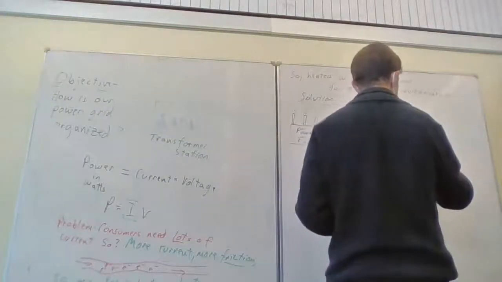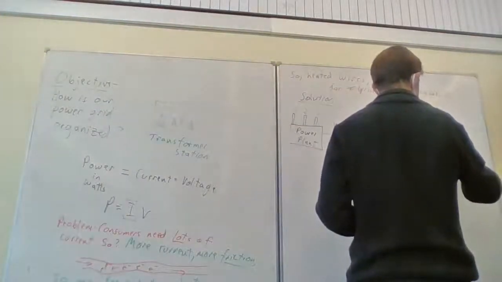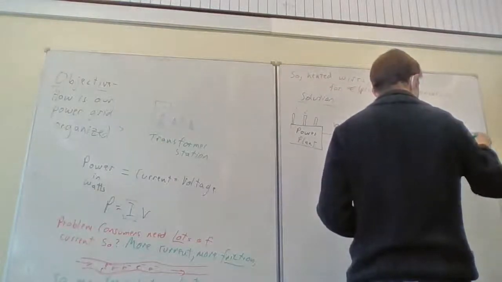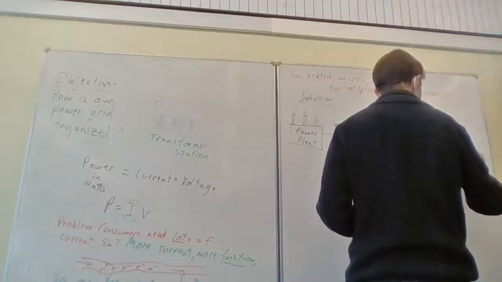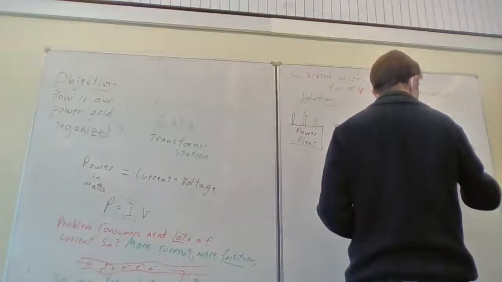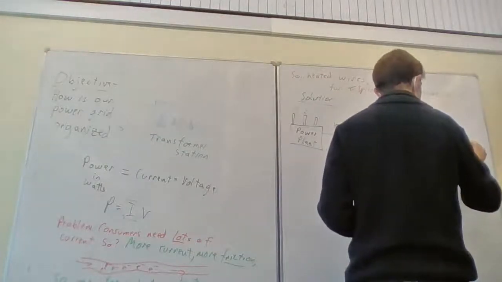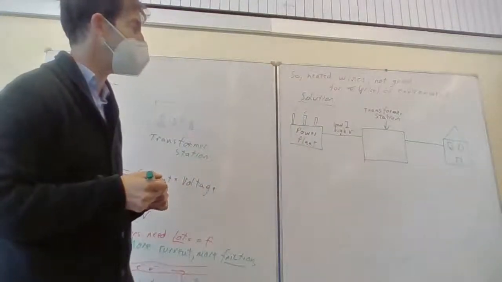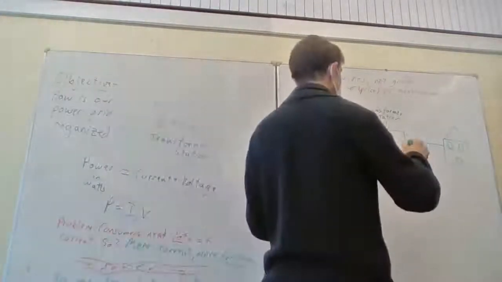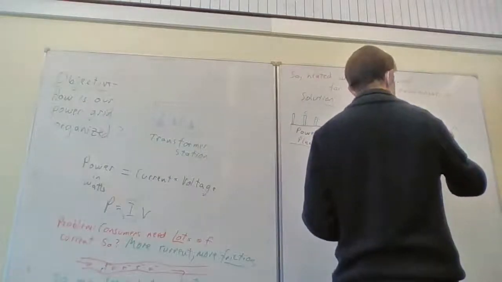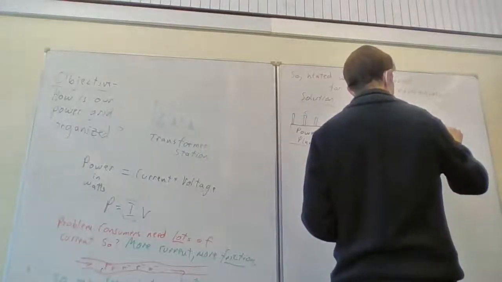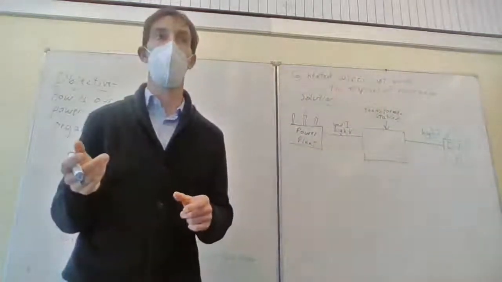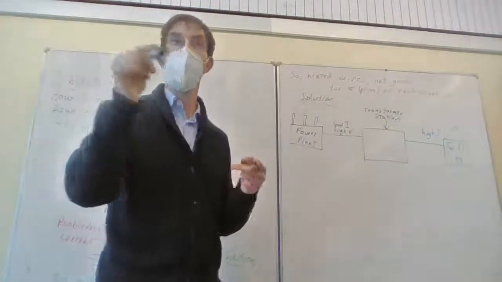Here's a consumer. All right, that's you. Let's see, you live in a cute little house. All right, there's the cat window. Okay, so you want high current because you've got a lot of stuff to run, and therefore you need lower voltage.